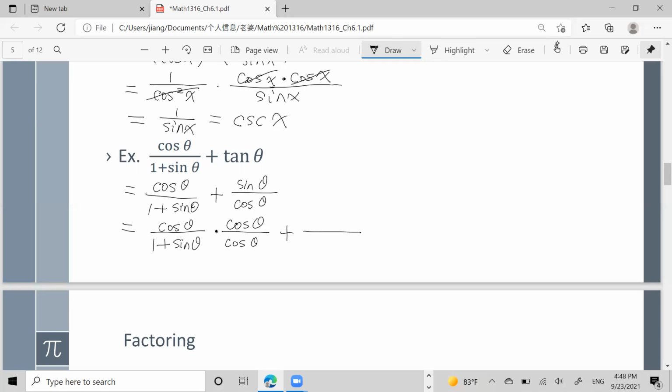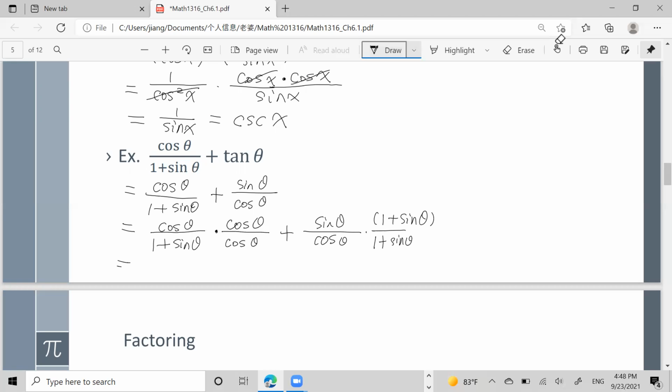Then plus sine theta over cosine theta, and I need the same denominator, so I multiply by 1 plus sine theta over 1 plus sine theta. It doesn't matter if you don't have the parentheses.